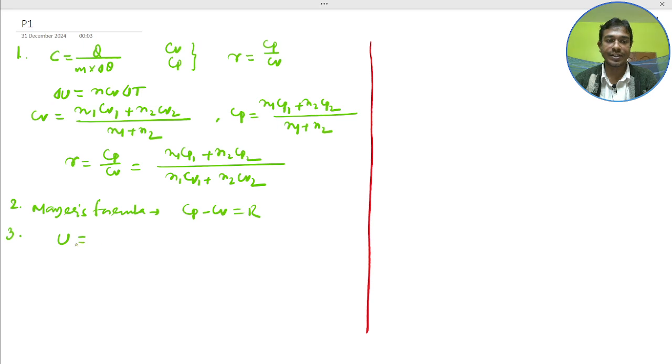Next, the formula for internal energy. Internal energy U is written as half f RT, where f is the degree of freedom.